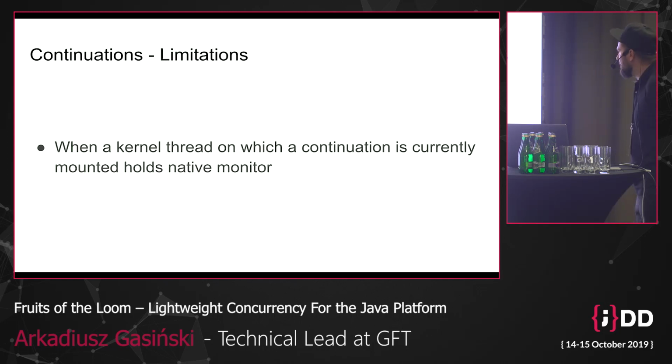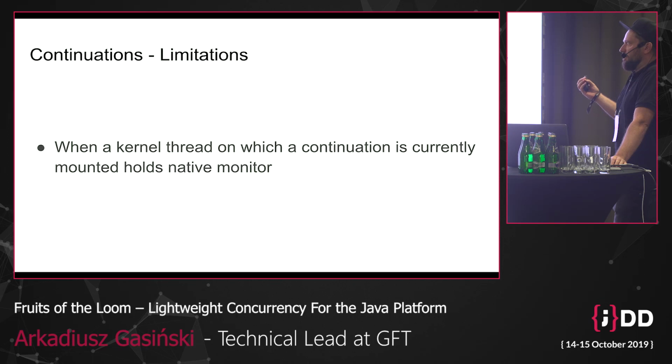Current limitations. There are a few limitations, and these limitations are essentially about when your continuation can actually pause and when it cannot. So the first limitation is about the kernel thread on which the continuation is mounted. You always run a continuation in some Java thread. And if that thread happens to be holding a native monitor, then you cannot yield this continuation, because the thread is the owner of that monitor.